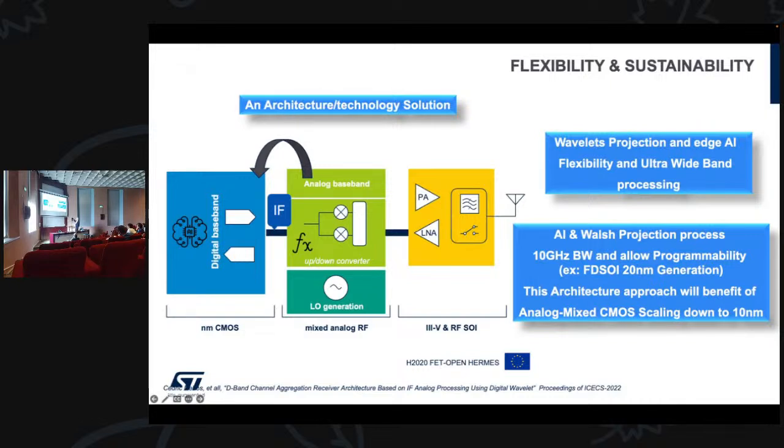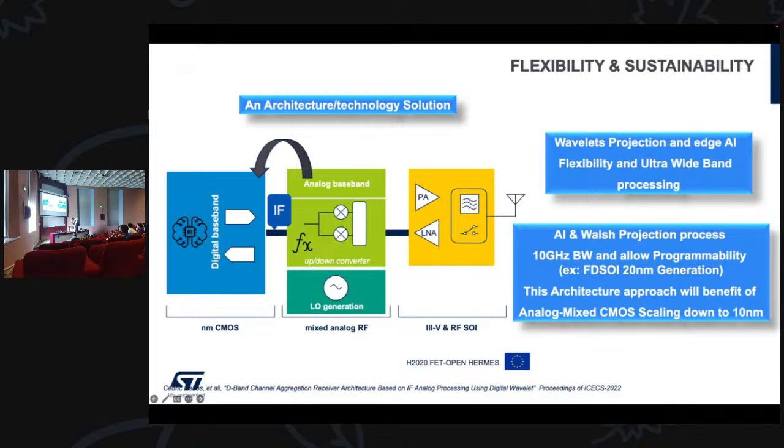Because we will have more density in the CMOS transceivers, and we can also, with the FD-SOI, work on the power consumption we need locally, using the backgate to cut or not the power consumption.